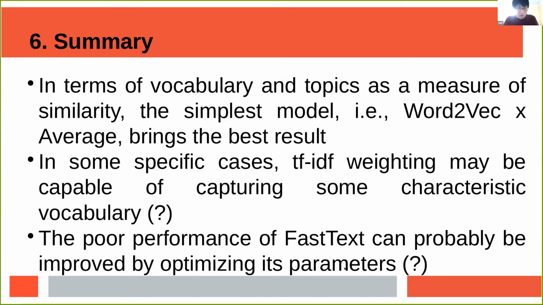If any of you knows more about the parameters of fastText which I could modify, please let me know in the Q&A time or later. The last two points are just my speculation, but I'll try to examine them by testing the models from various points of view.